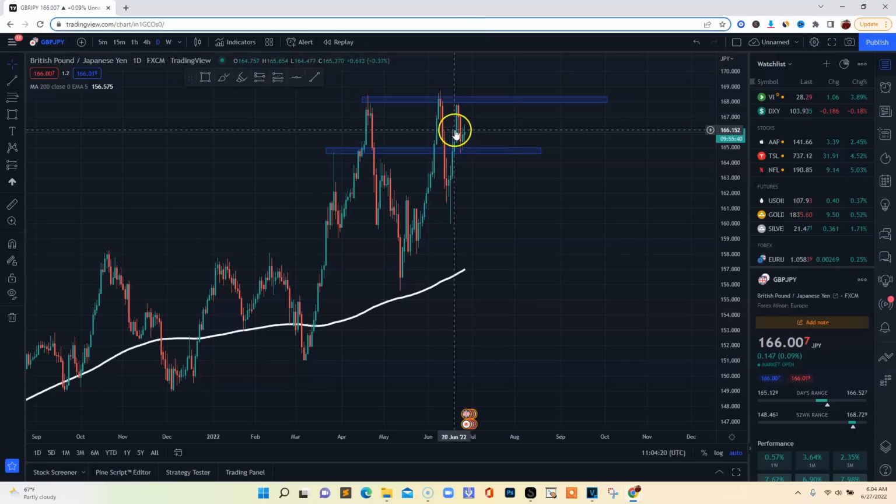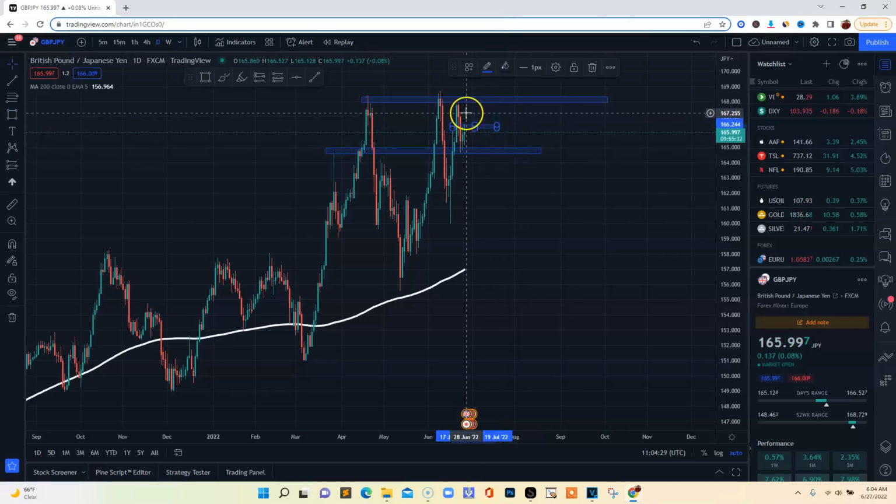So if we break past this small zone right here, which we probably will, the next logical place we're going is right here. So this is a buy for the most part, for the rest of the week. A good buy, boom.